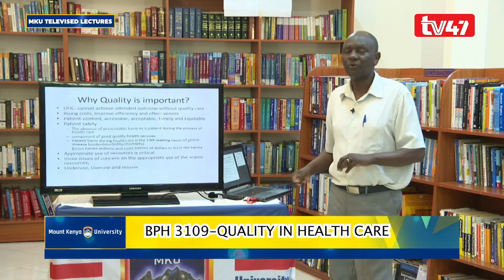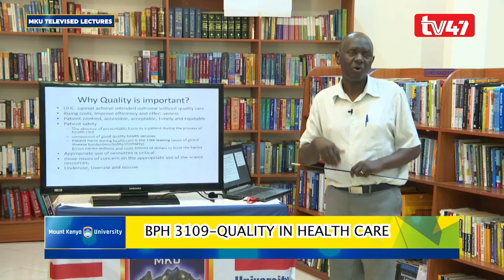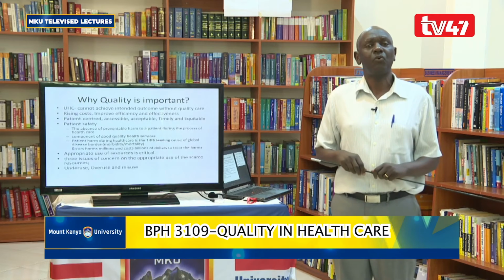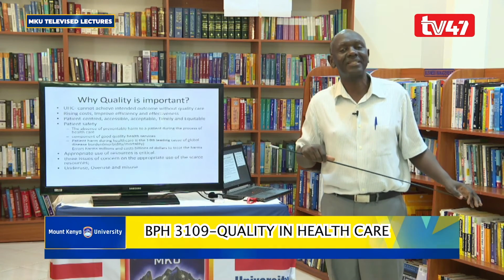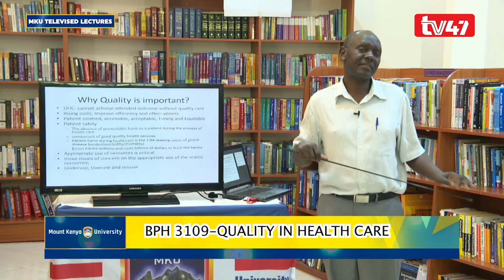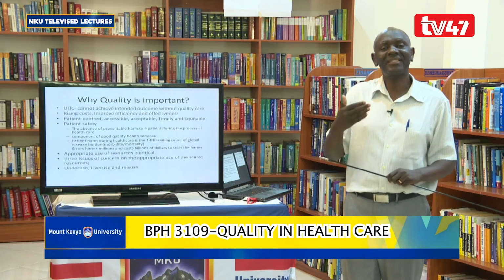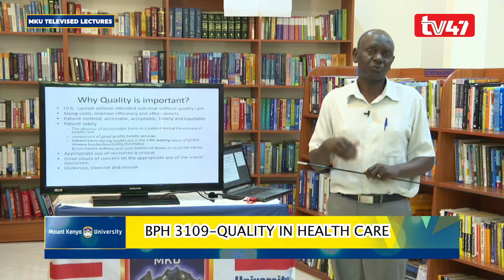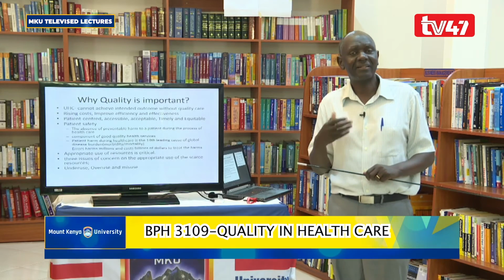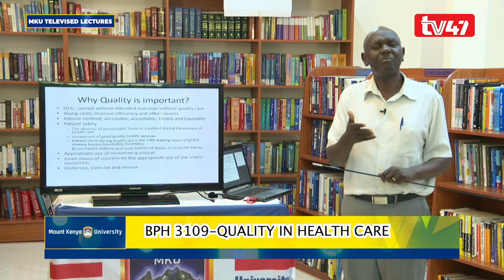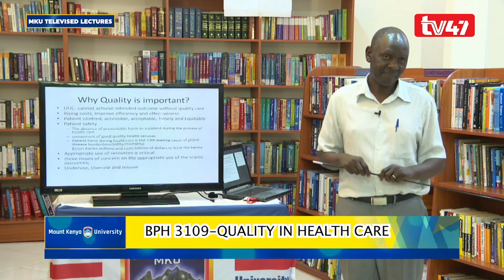We also have overuse of resources. Overuse of resources is when we provide interventions which the patient does not need. The most obvious example is when children come with cough to our health facilities and they have upper respiratory tract infections, which are normally viral in nature.